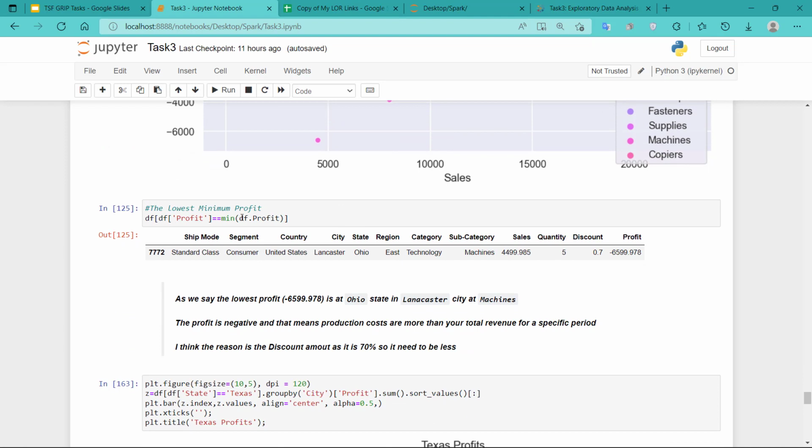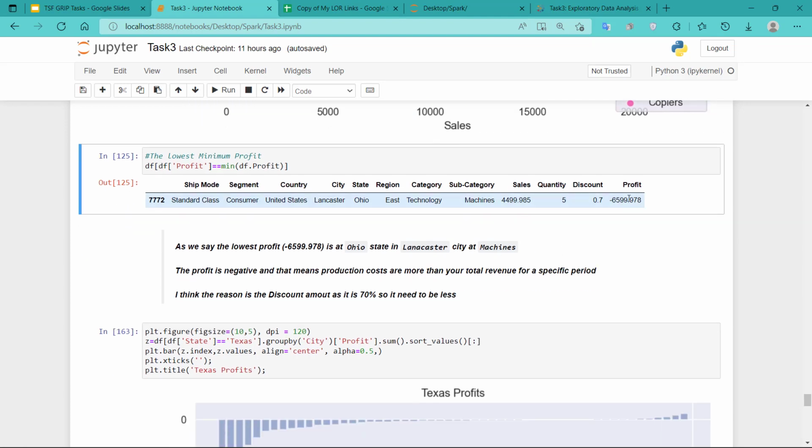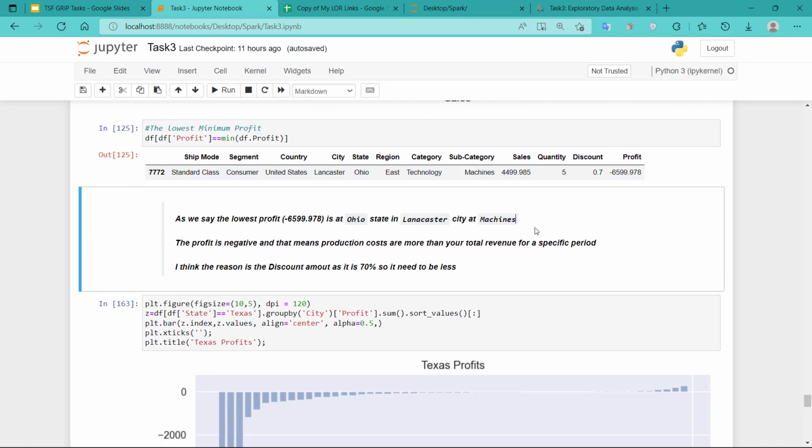Here we find the minimum profit was at the city of Lancaster with negative $6,600. As we can see, I think that 70% discount is very high, so the profit is low because of that.